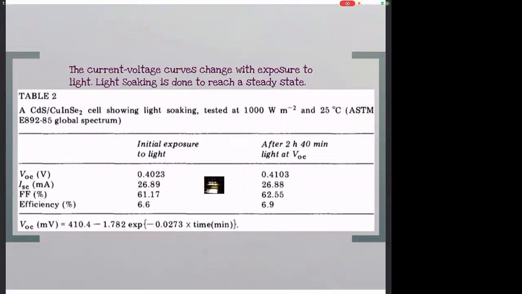You also have things like light soaking issues. So there are nonlinear effects that happen, particularly with some thin film cells. What I mean by that is that sometimes the efficiency actually changes with the amount of light that illuminates the cell. And this typically happens when the cells are just made in a factory.